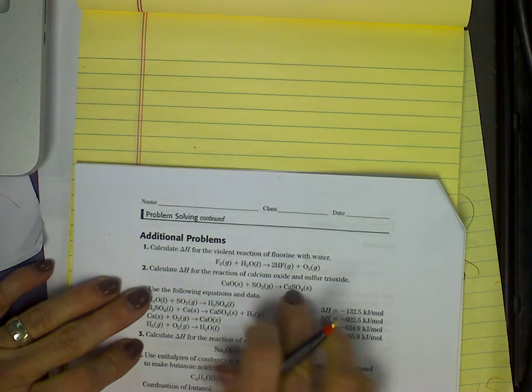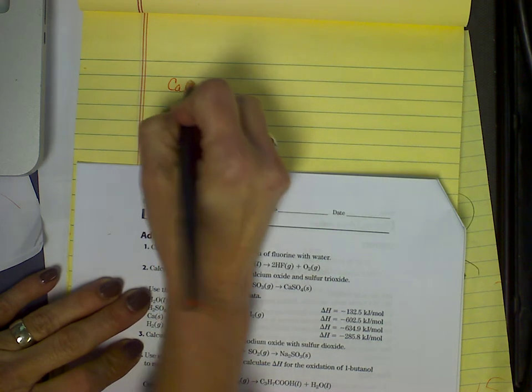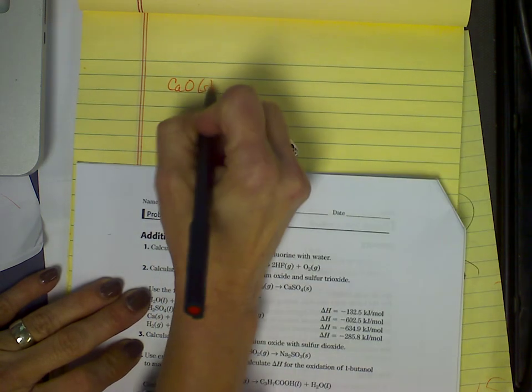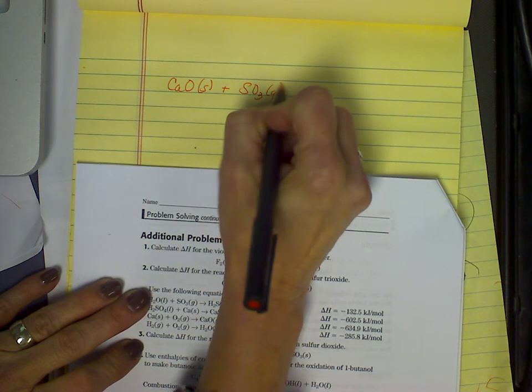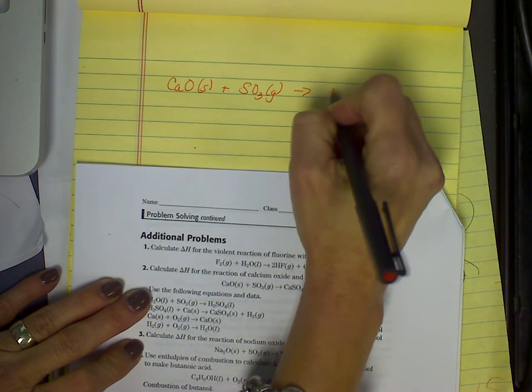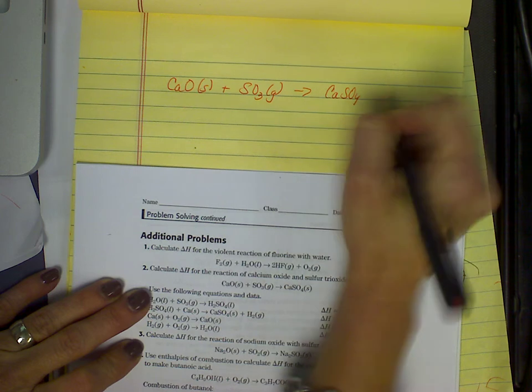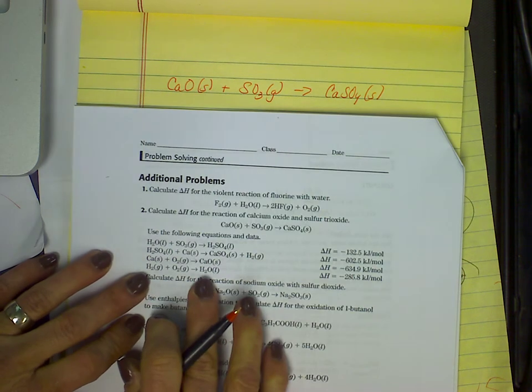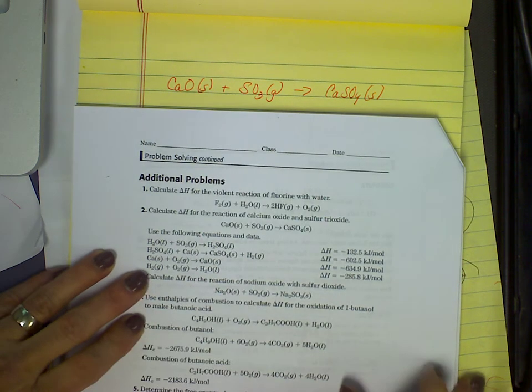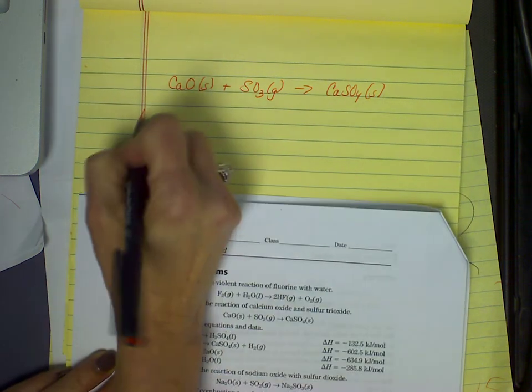Okay, so this is what we're looking for. And the point is it takes 4 reactions to get that. It's not so simple as it looks, okay? So we're using these reactions.